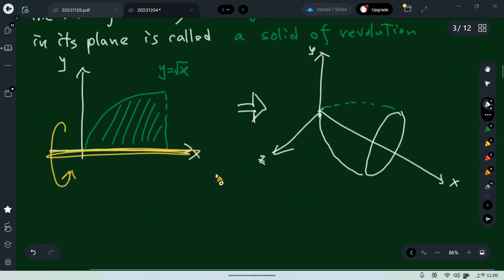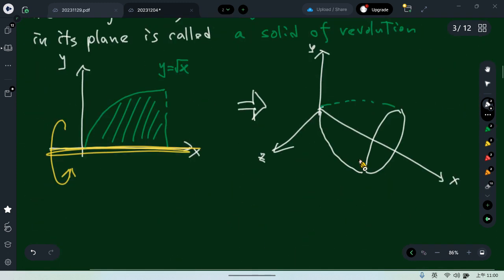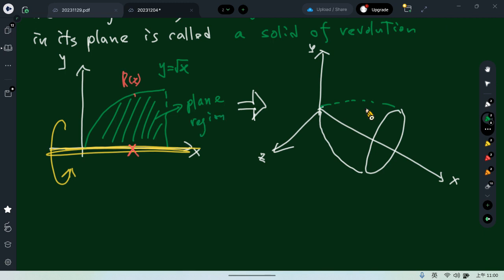So for this case, if x is here, the region x, as I told you, this is the plane region, right? I just rotate it.